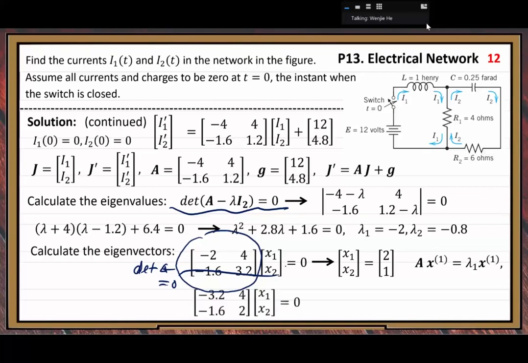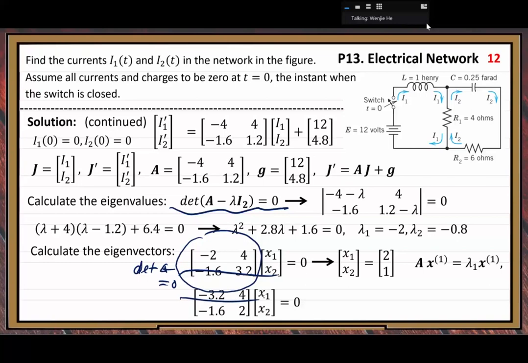Similarly, for the second eigenvector, the determinant of this matrix must be 0. So the two equations are linearly dependent, and you can cross out one of the two. If the second equation is easier, you can use the second equation, because sometimes the second equation is simpler than the first one, so you can cross out the first equation and only solve the second equation.